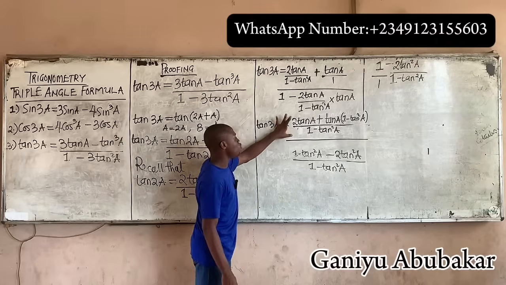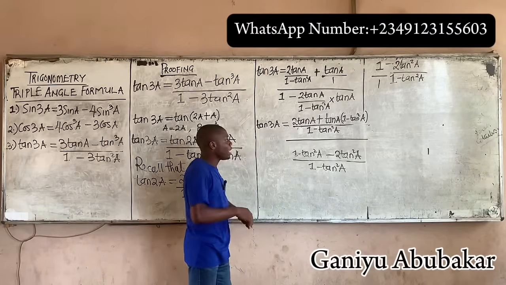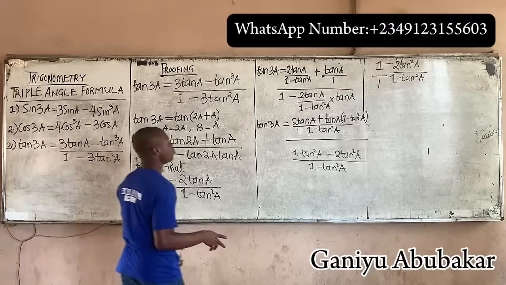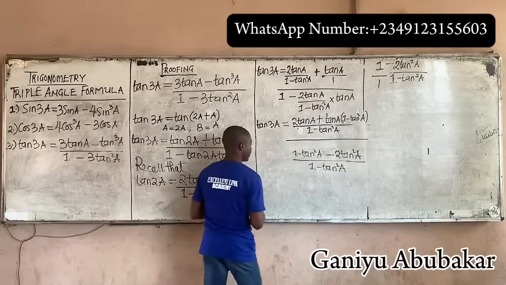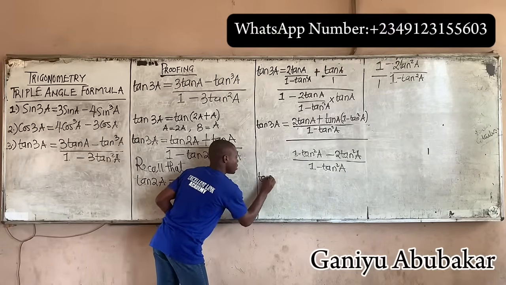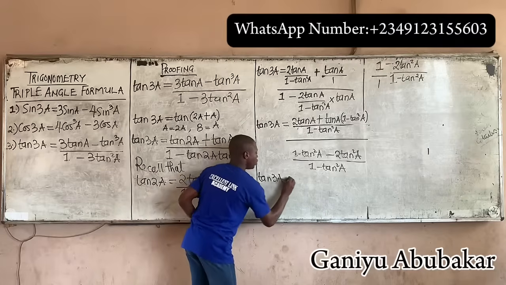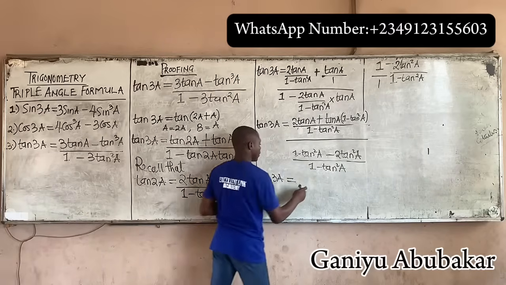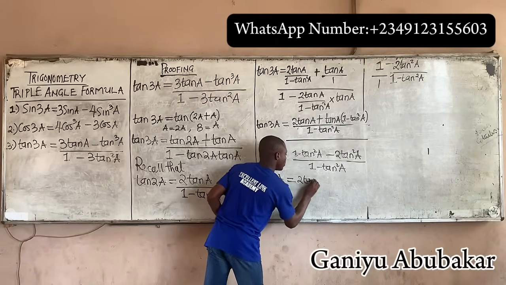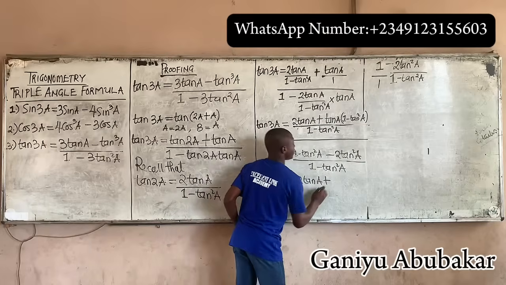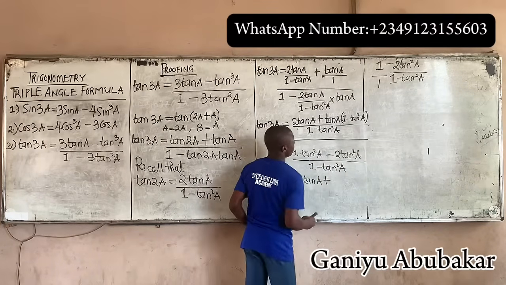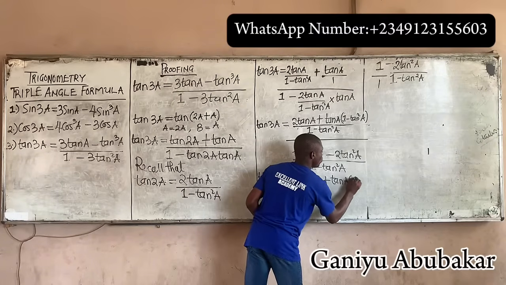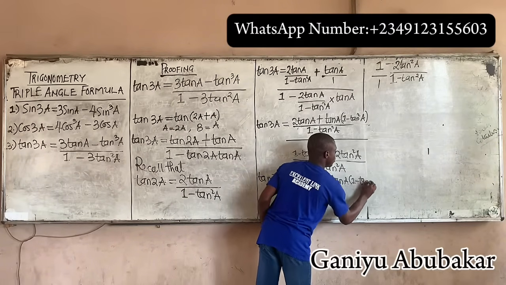Numerator, denominator. Now, mind you, I can break this down in 2 ways, right? I can choose to write that numerator outside. So it means that tan 3a now is equal to, observe please, pick this one out first. That's 2 tan a plus, expanding through, tan a into 1 minus tan squared a.